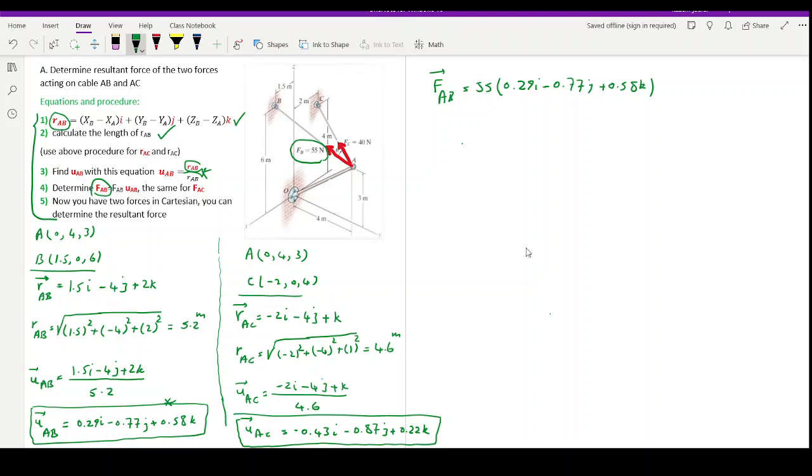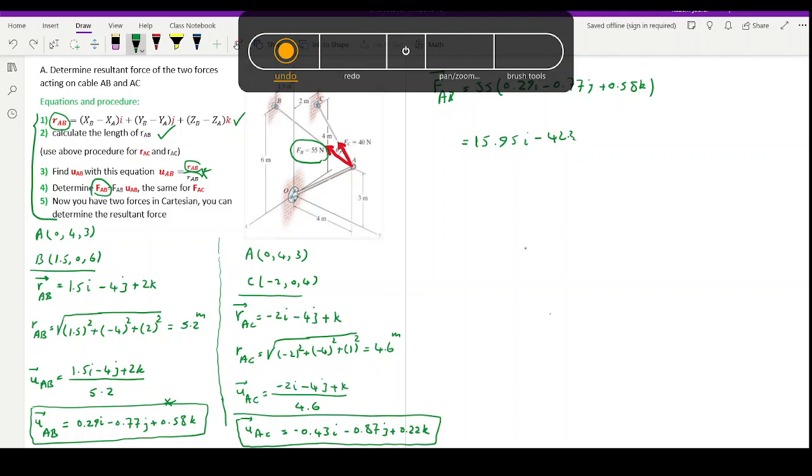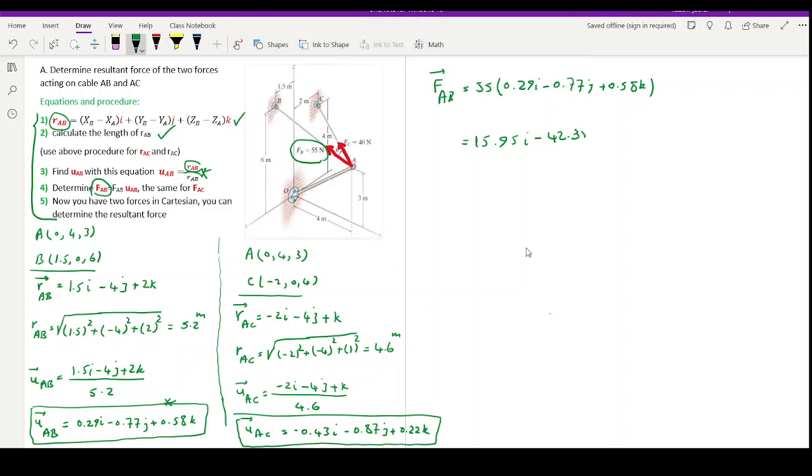You multiply it, and if you round it up, you will get something like 15.95 i, negative 42.35 j, and plus 31.9 k. This is our FAB in Cartesian.